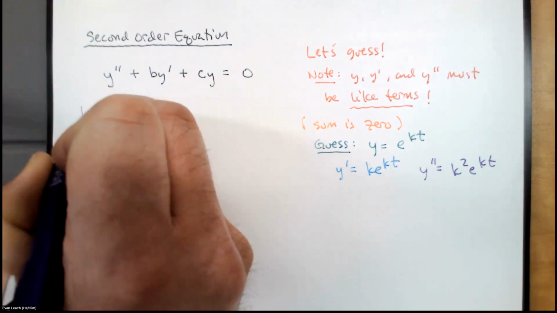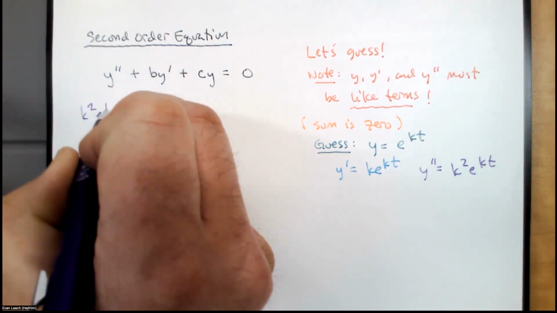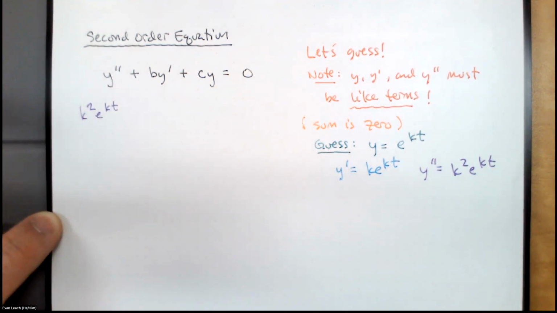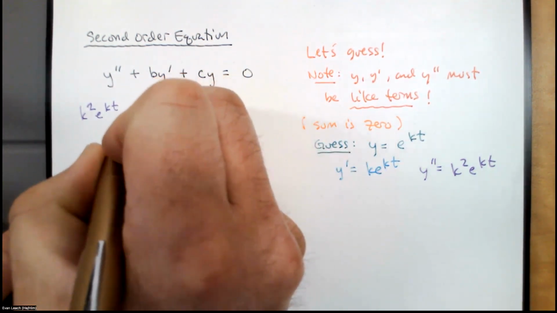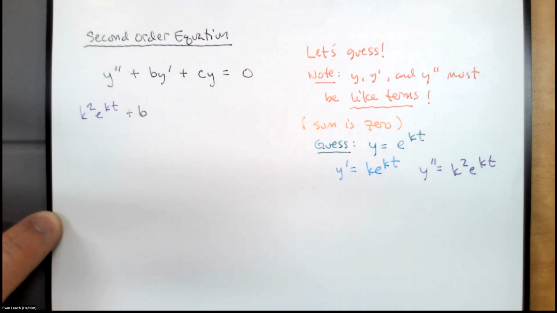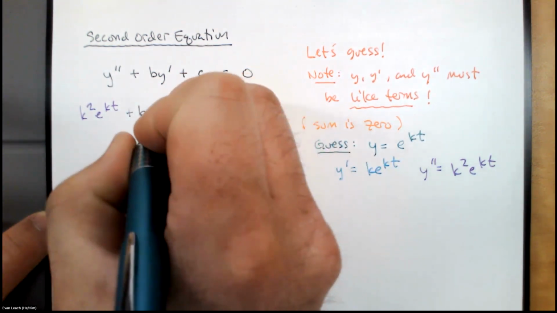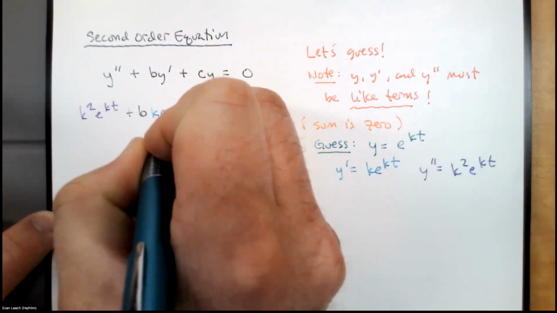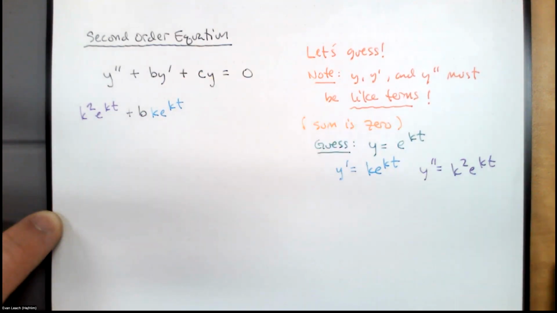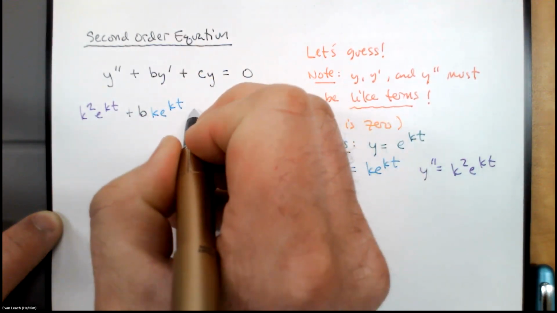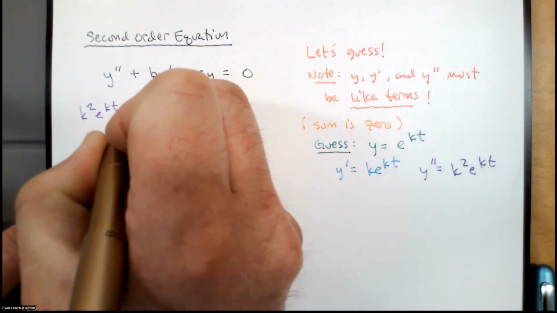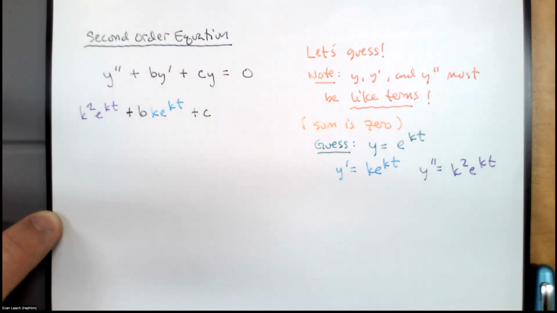This gives me k squared e to the kt plus b times k e to the kt plus c times e to the kt.